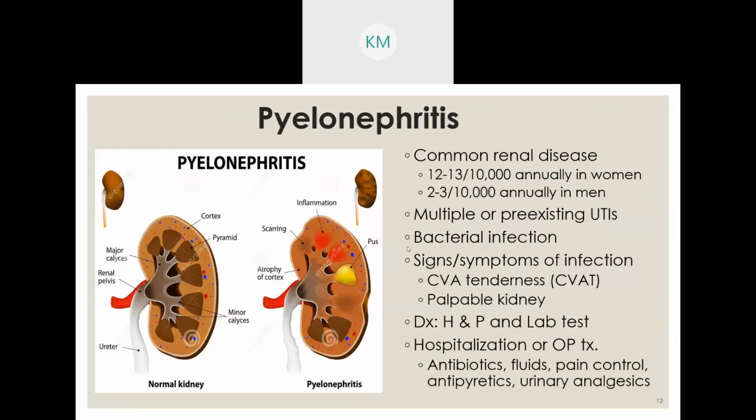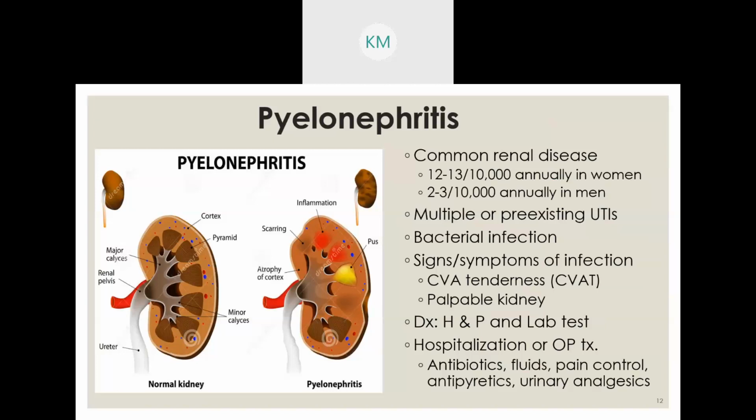Pyelonephritis. All right. Pyelonephritis is a very common renal disease affecting about 6 times more women than men. Geez, ladies, aren't we lucky? The primary risk factor is numerous or pre-existing UTIs, urinary tract infections.